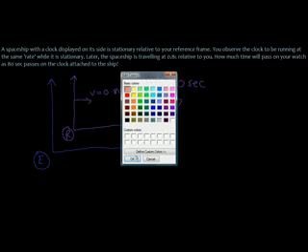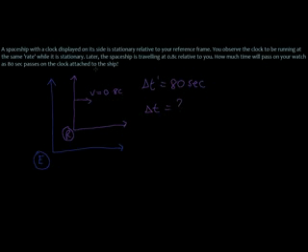So we use that time dilation formula, which we derived in an earlier video, which simply says our delta t is equal to our proper time divided by the square root of 1 minus v over c squared. Now, which one will record our proper time and which one will record our delta t value?